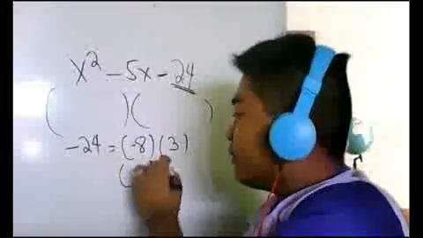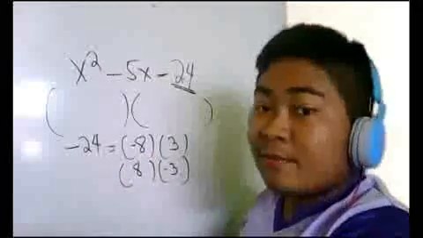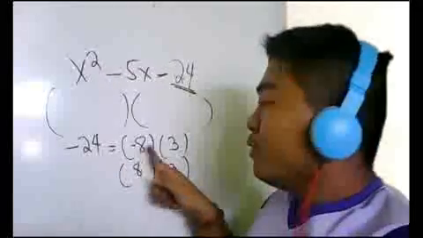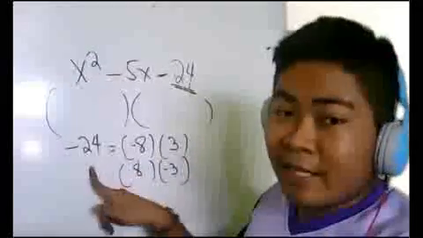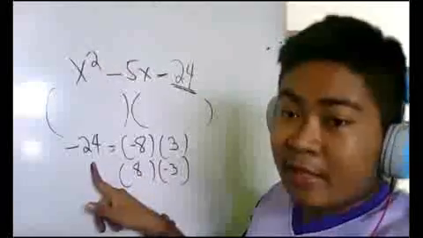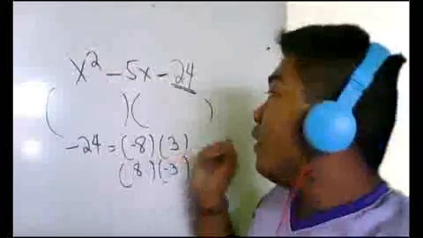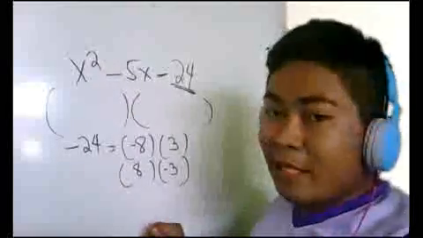Pwede rin negative ang 3. Kasi nga, di ba? If you multiply this one, negative 8 times 3, that would give us negative 24 pa din. And also, 8 and negative 3, that would give us negative 24 pa din. So, ano yung pag pinag-combine mo dito? Magiging negative 5. Let's try.